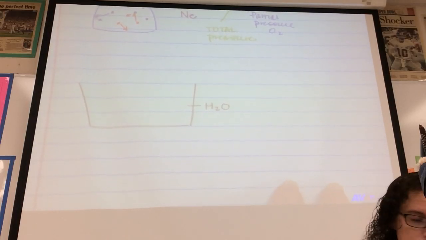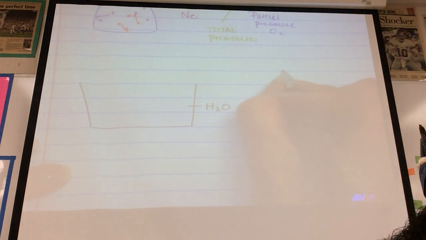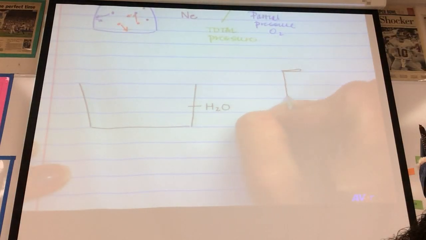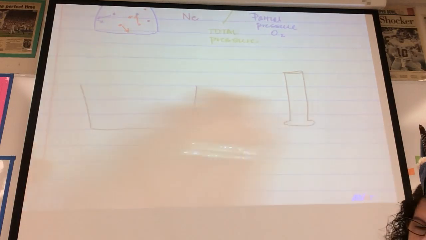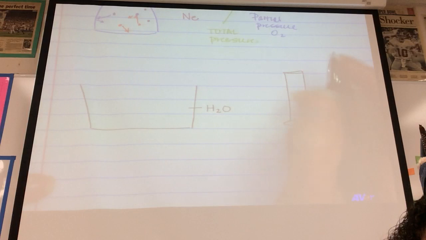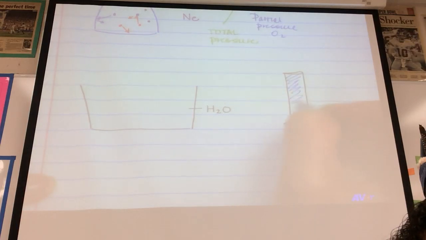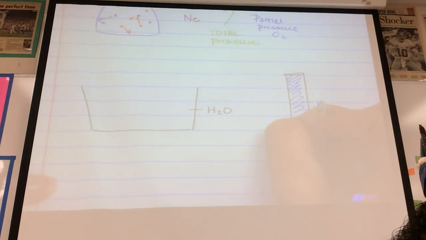And this is what you'll be doing in your next lab. Let's say that we have a graduated cylinder, and this graduated cylinder is filled to the tippy top with water.